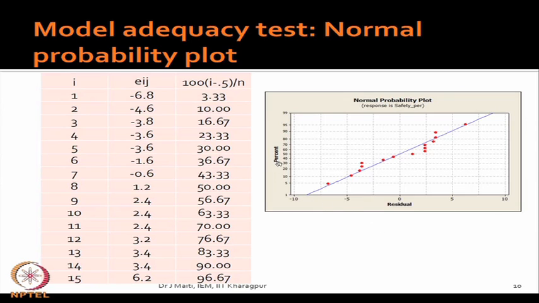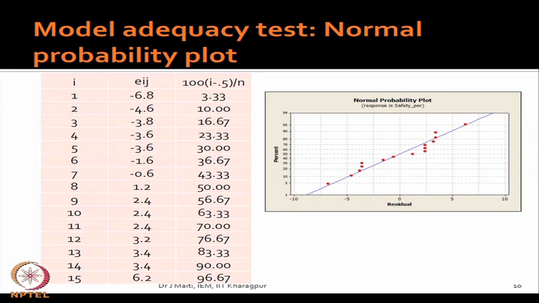The plot is percent probability against the residual values. So your first residual is minus 6.8, the probability value is 3.33, and it comes somewhere here. Once you get points like this, you draw a straight line. If you get a good straight line, in the sense that the different error points do not differ much from the straight line, we can say that the normality assumption is valid.